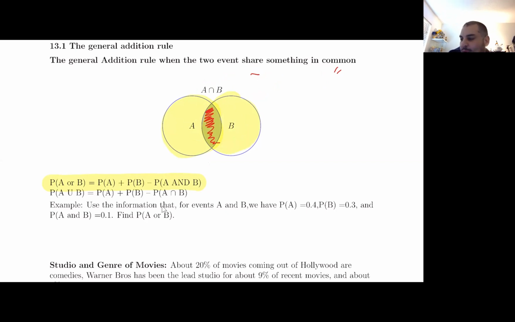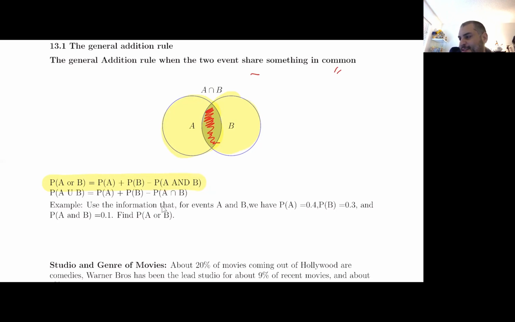Since you counted twice, to make up for double counting, you have to subtract the probability of A and B. Anytime you have events that are not mutually exclusive, you have to worry about the overlap, so you have to subtract whatever the overlap is. That's the probability of A and B, and that's why you subtract it. Any questions in regard to that first formula?